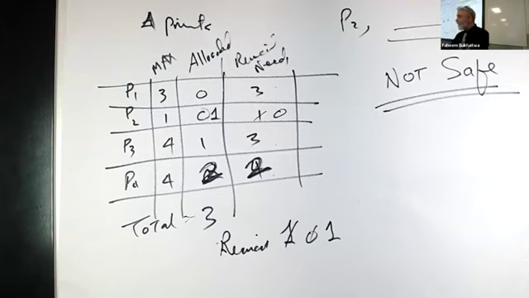What is a safe system? Safe state is when all needs can be satisfied. All the current needs of all the processes can be satisfied and they'll terminate with whatever resources we have now, with whatever is the remaining number of resources. So that means the system is in a safe state.